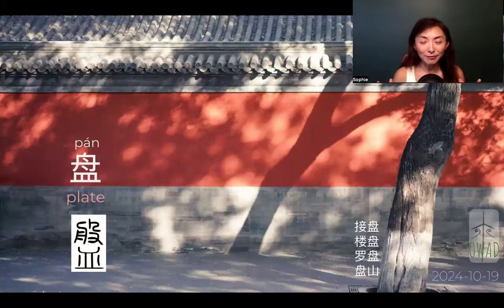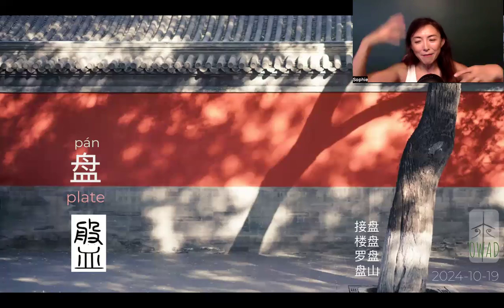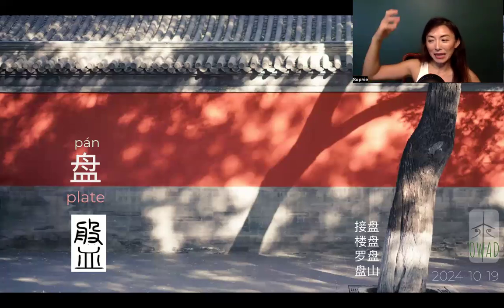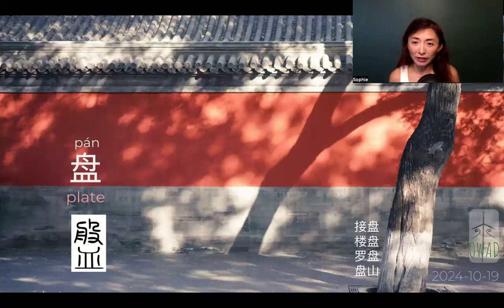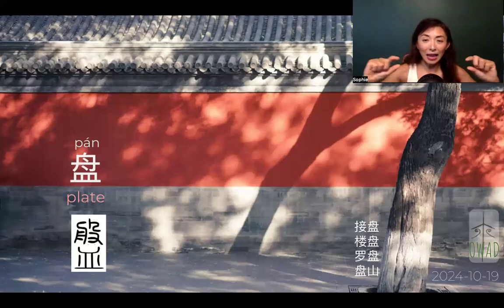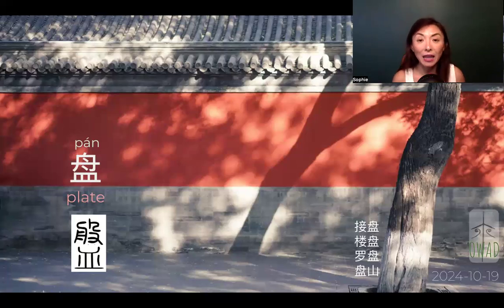So for 楼盘, you have to imagine high rises, 30, 40 stories tall, buildings that stack up people. It's a kind of affordable living condition. Apartment buildings are the norm. A single family house is a very distant dream in China. For the majority of people, they stack up in these big, tall buildings.